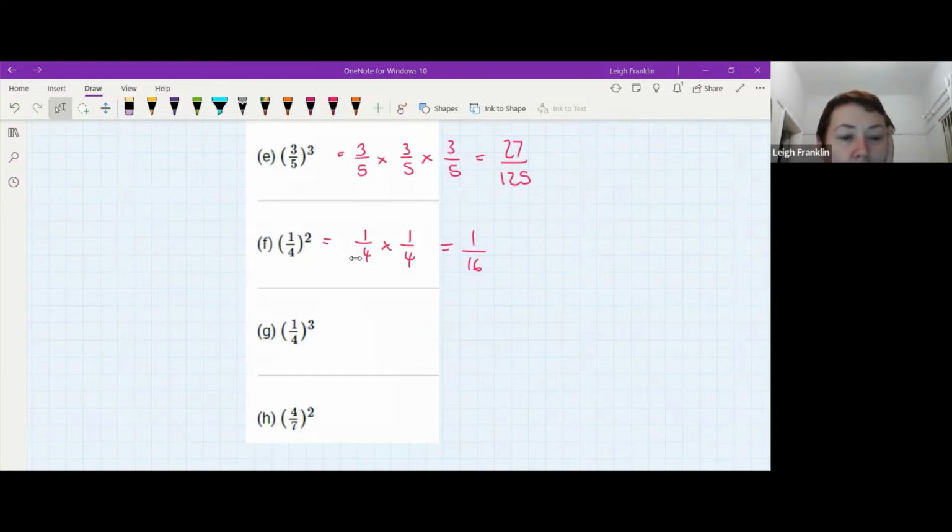Ntakelo, please do G for us. Okay, Ntakelo, this is not distribution. Go for it. What should we write for G? 1/4 times 1/4 times 1/4. Indeed, well done.